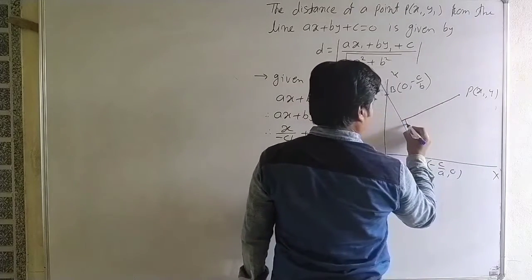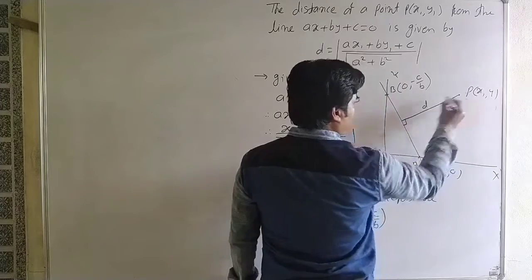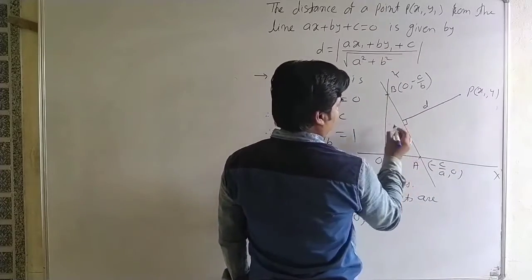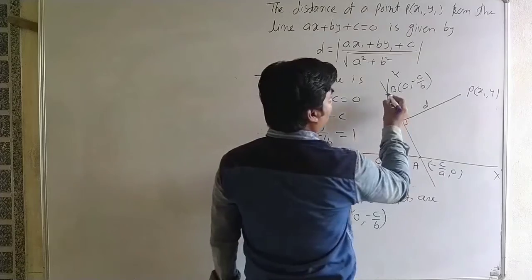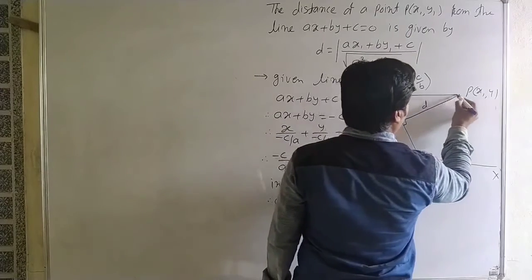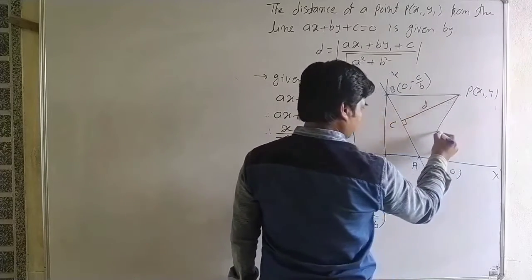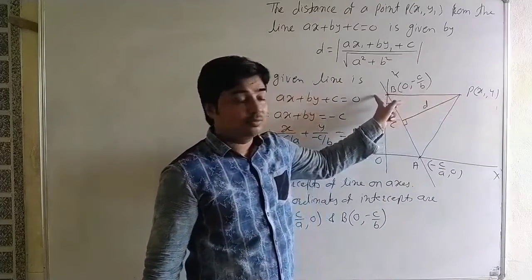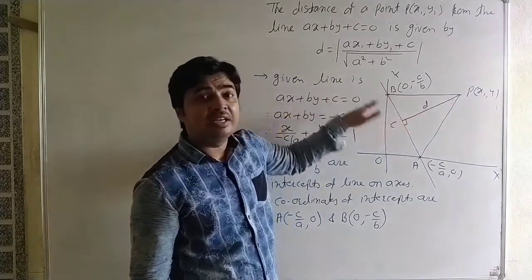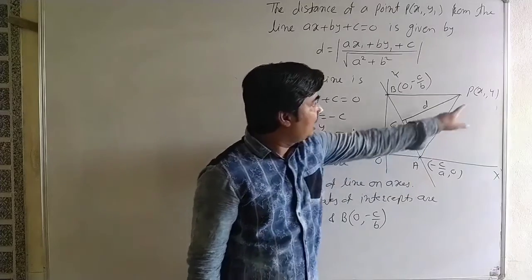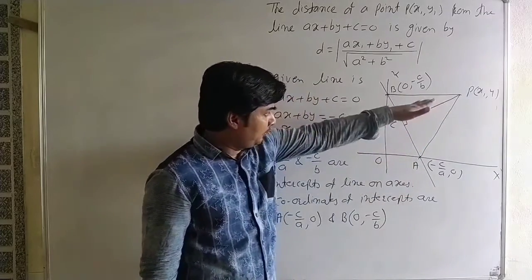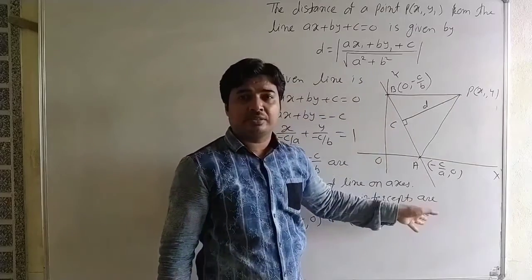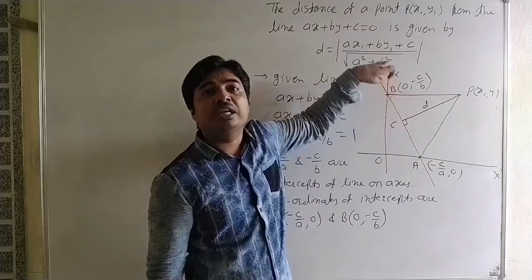Suppose the foot of the perpendicular is C, so PC is the distance. Now consider triangle APB. PC is the height and AB is the base. So first we want to find the area of the triangle.